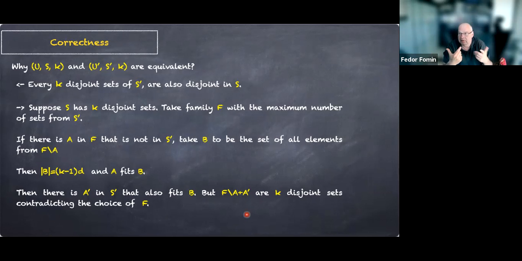But the new family has more elements from S prime than the set F. And this is a contradiction, because initially I selected F as the family having the maximum number of sets in S prime. This shows that these two instances are equivalent. Any questions about this proof?